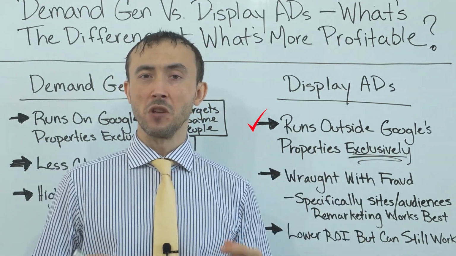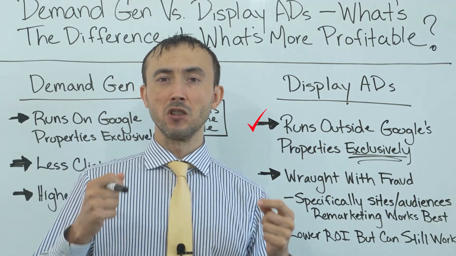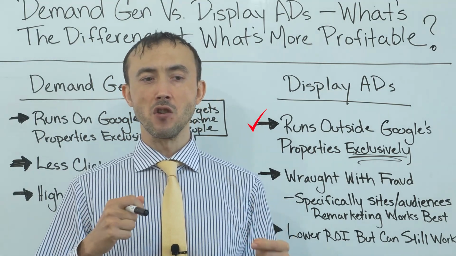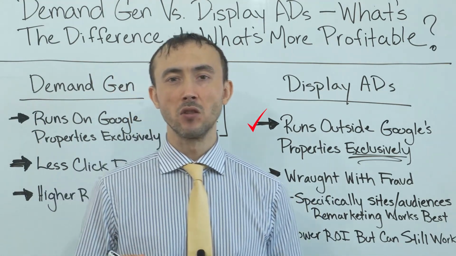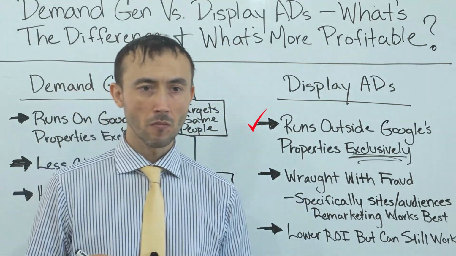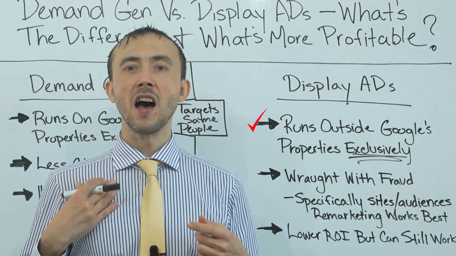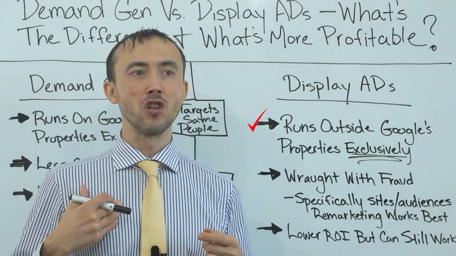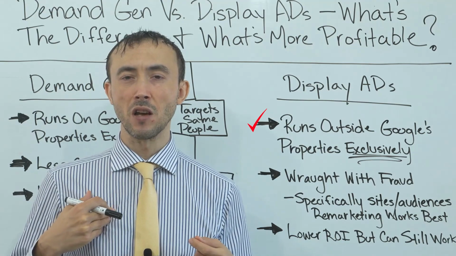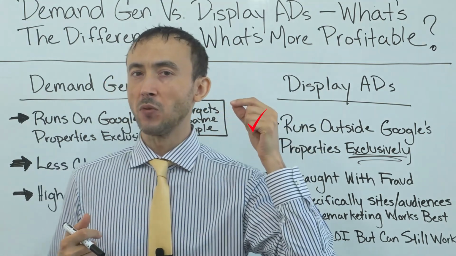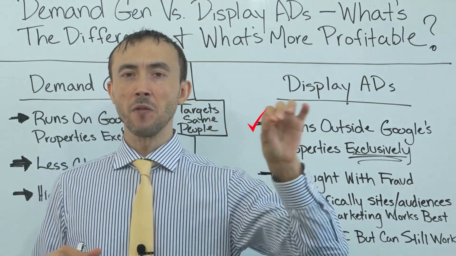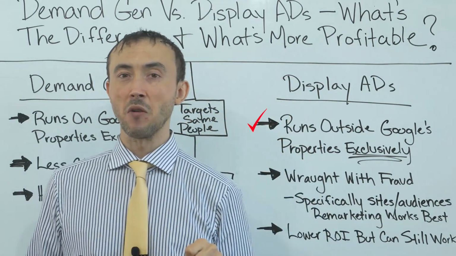So the really good placements to advertise using display network campaigns are going to be on obscure, smaller niche websites. So if you're selling, let's say, high-end audio equipment that's just made for audio engineers, getting on an audio engineer forum is a perfect place to run a display network ad.